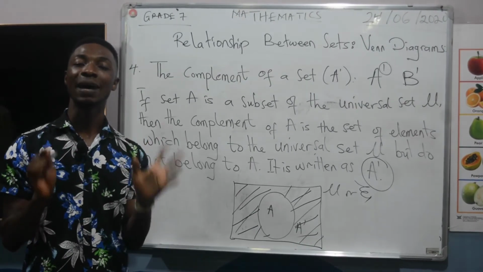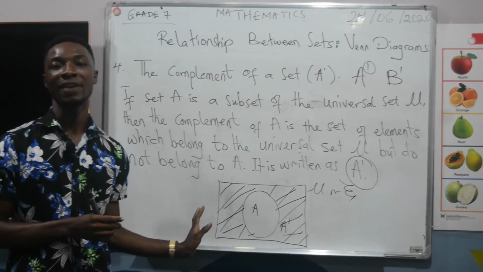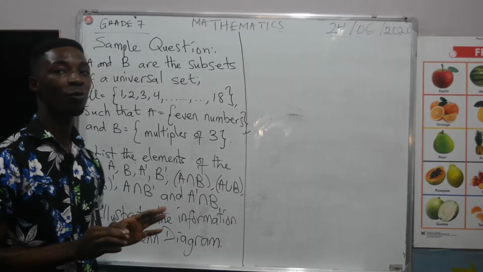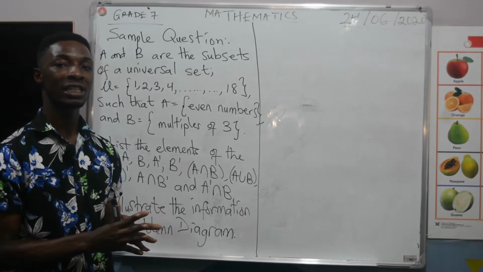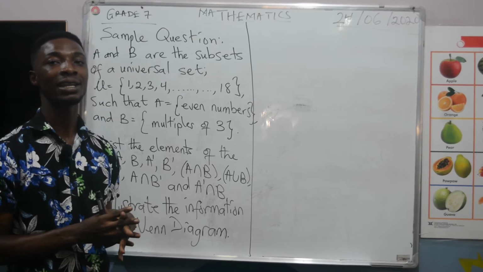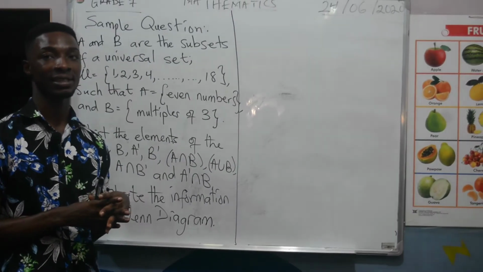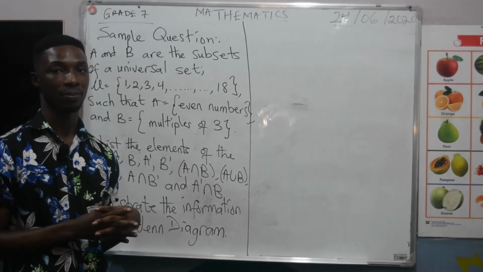Let's take one sample question and see how we can solve it by applying the Venn diagram. This sample question is going to help us understand how to distinguish between all the relationships of sets and also how to represent them using the Venn diagram.